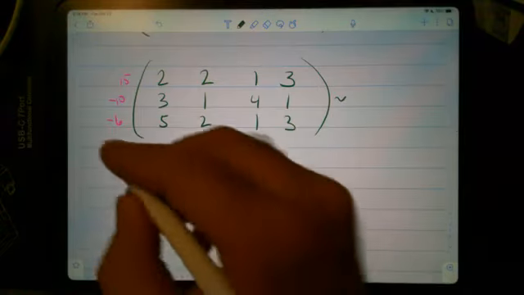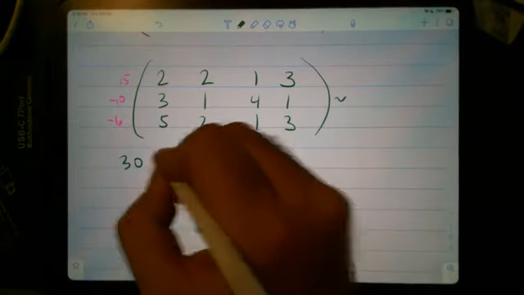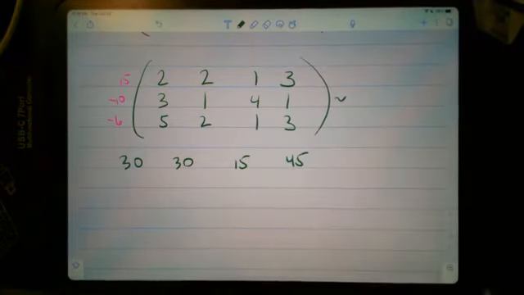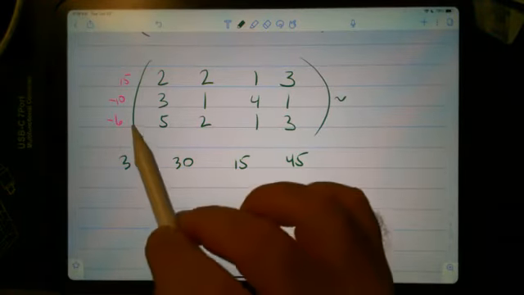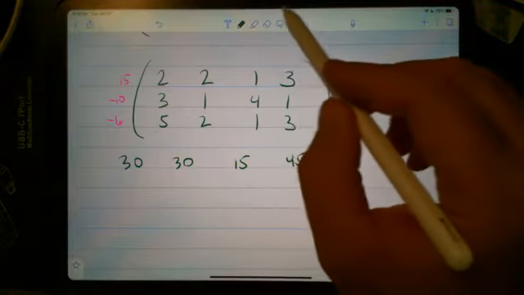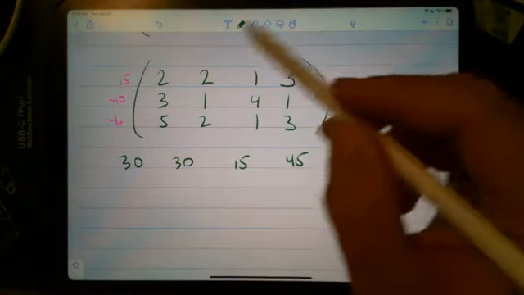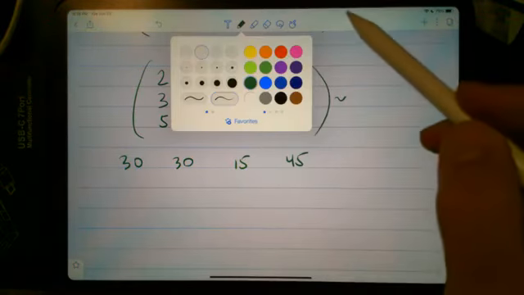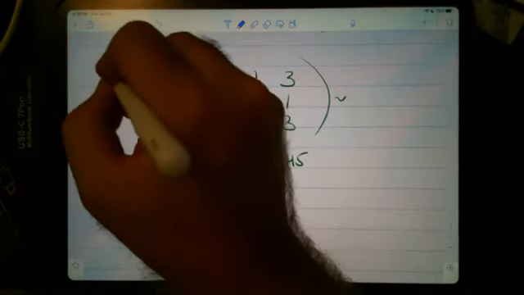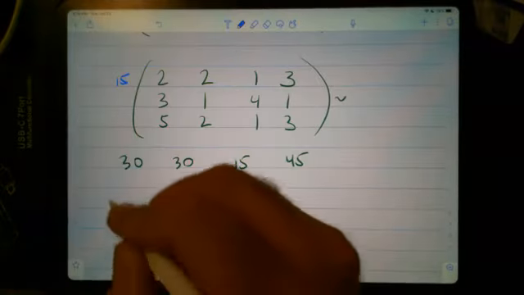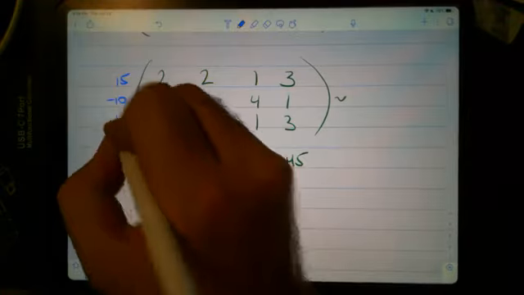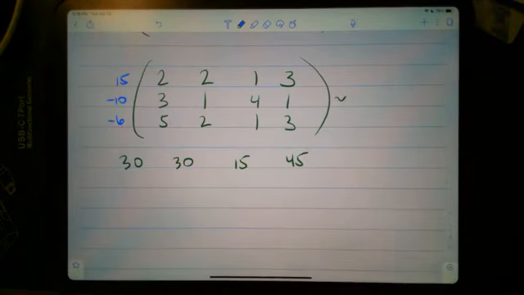And so what this would give me is 30, 30, 15, 45. That pink color was not showing up very well.